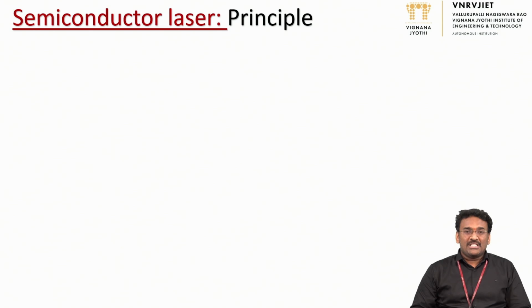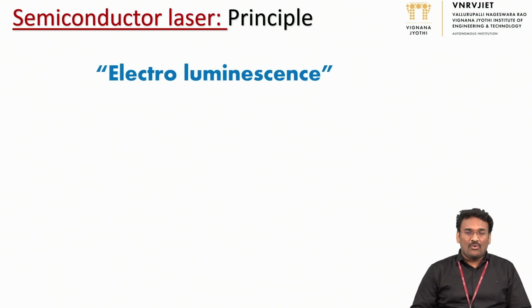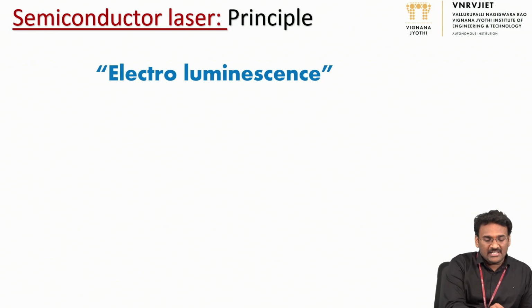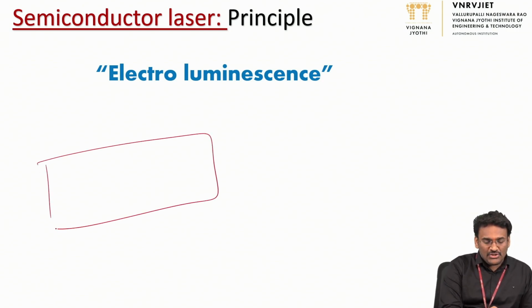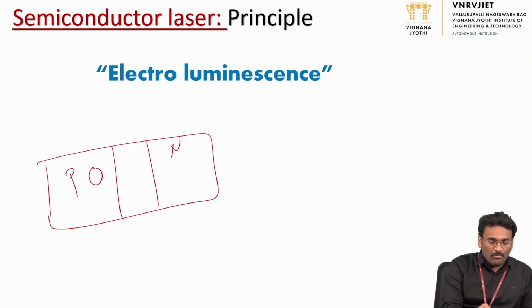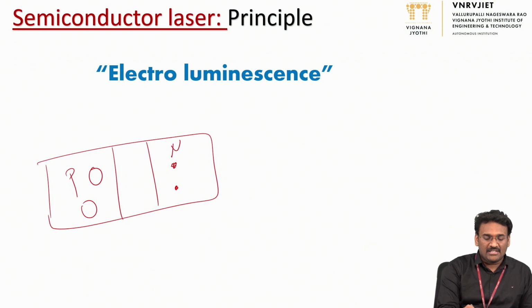Now let's come to the principle in the case of semiconductor laser, which is electroluminescence. What is electroluminescence? Suppose I take a PN junction. This is a p-type semiconductor and let this be an n-type semiconductor. Here more holes are present, here more electrons are present, and when you connect this under forward bias, the holes from the p region and electrons from the n region come and join here.